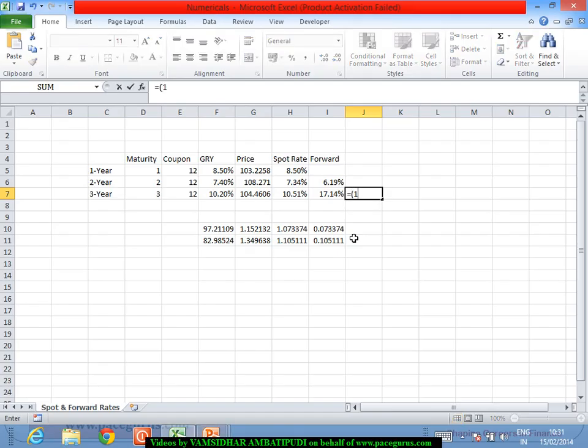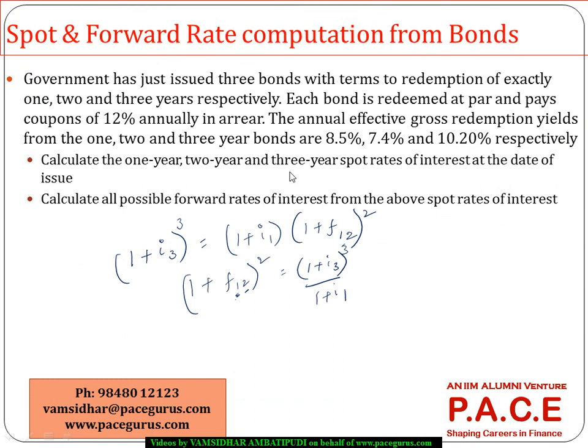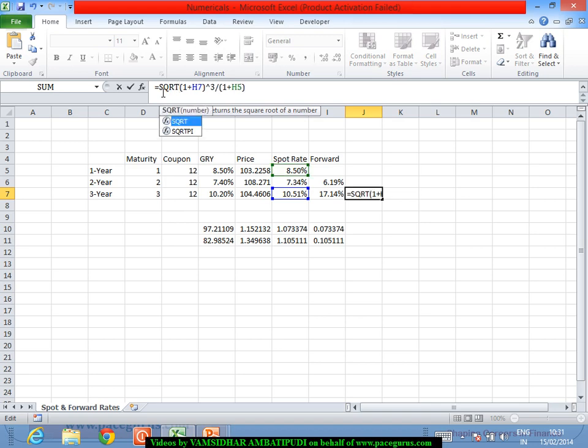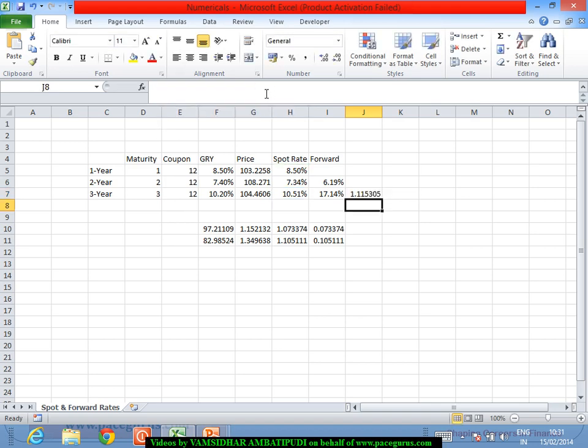to give me a 2-year forward rate starting from the first year. So this comes out to 1 plus I3 cubed divided by 1 plus I1. This will give me 1 plus F2 squared. So I take the square root of this to get 1 plus F2, and a subtraction of 1 gives me F12.